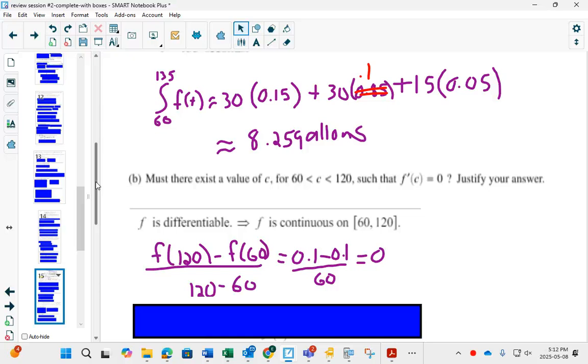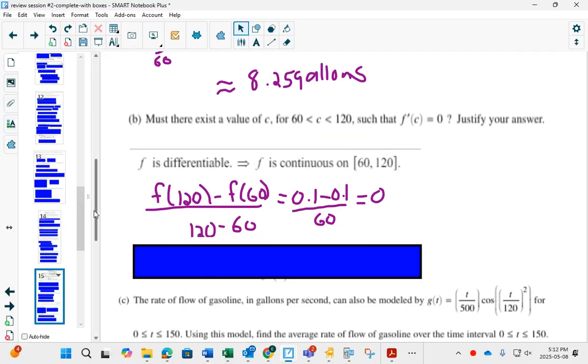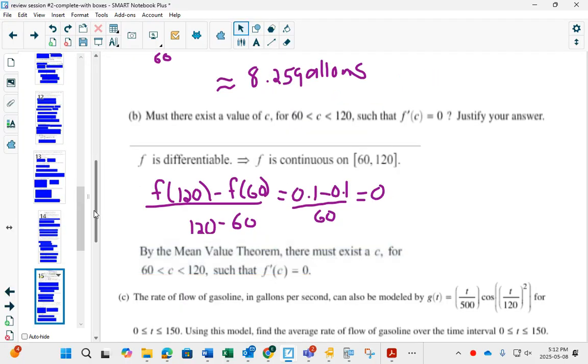If the secant line slope is equal to 0, by the mean value theorem, there must exist a point c for which f prime of c equals 0. The mean value theorem is the only one that needs continuous and differentiable. Intermediate value theorem just needs continuous. Extreme value theorem just needs continuous. Question?